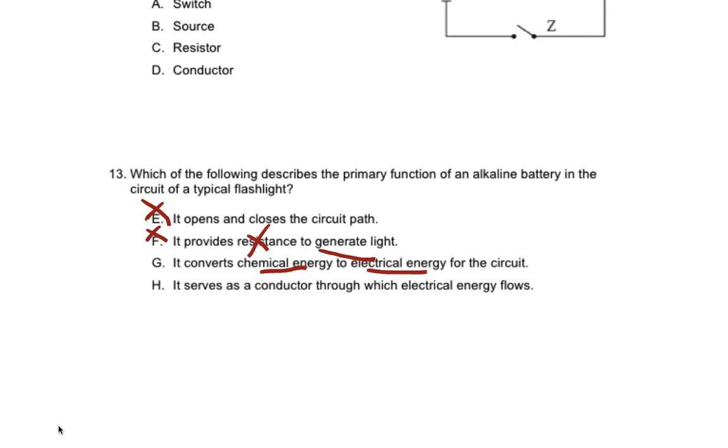Does it serve as a conductor through which electricity flows? No, that's what the wires and other metal parts of the circuit do. So yes, this is what it does. It provides chemical energy and it converts it into electrical energy. Chemical energy is the type of stored energy that's inside a battery, which becomes electrical energy when you plug it into your device.